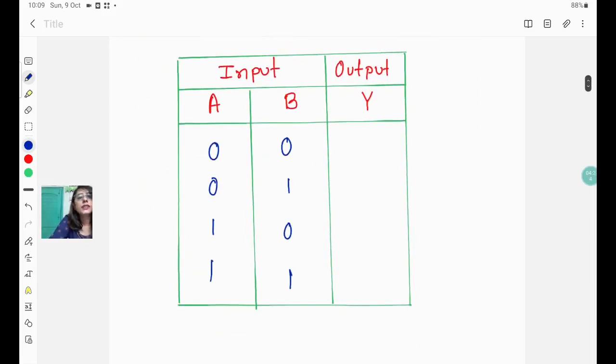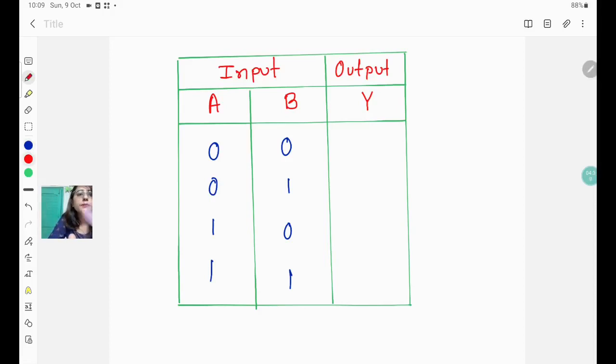If we have taken the inputs as 00, 11, 01, 01, I already have mentioned this in the previous video, why we have chosen in such a way, so that no combination will be overlooked.